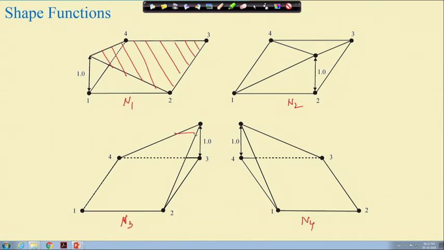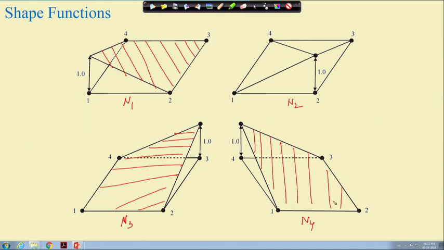This is just a plane, and finally, this will be the shape function, all are 0, so this will be the step function.